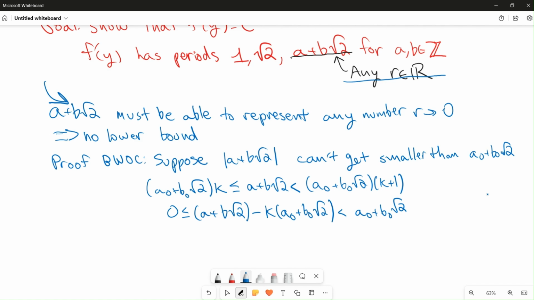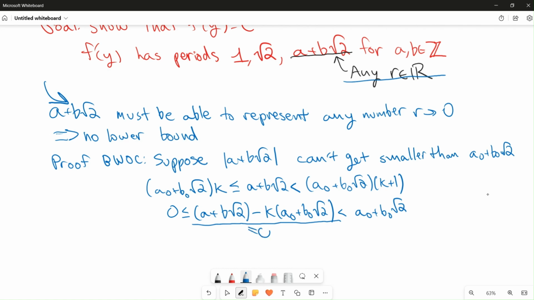But because a naught plus b naught root 2 is what we assumed for the sake of contradiction to be the smallest positive number that can be represented in this way, and since this number right here, which of course is of the form c plus d root 2 for some constants c and d, is less than the smallest positive number which can be represented in this way and greater than or equal to 0, it must be equal to 0.